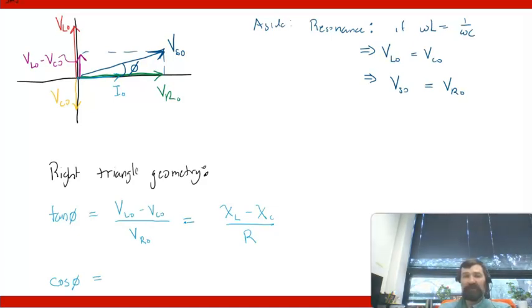The cosine should be the adjacent divided by the hypotenuse, and this hypotenuse, V_S0, is I_0 times the impedance Z. So what we'd be looking at for this cosine of the phase angle is the voltage across the resistor divided by the output voltage, which in turn is just the resistance divided by the total impedance of our system.